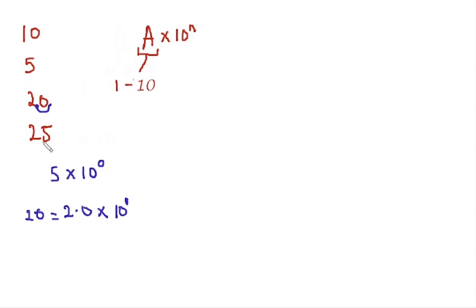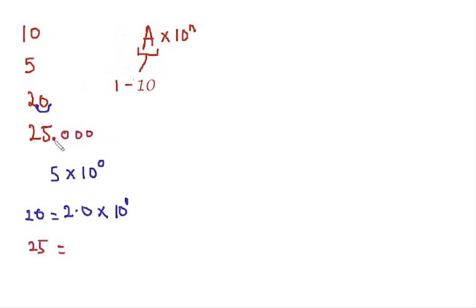If we do it for 25, we will say 25 is equal to, now 25 does not fall within the range of 1 to 10. To make it fall within this range, like I said before, for numbers that don't have a point, we assume that they have a point after them. So this can still be written as 25.000.